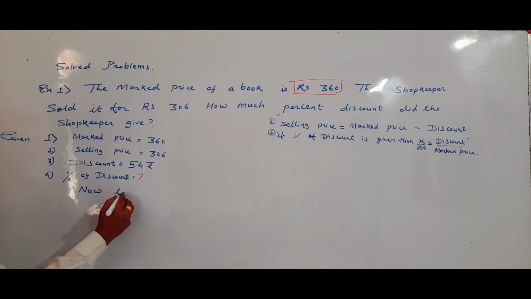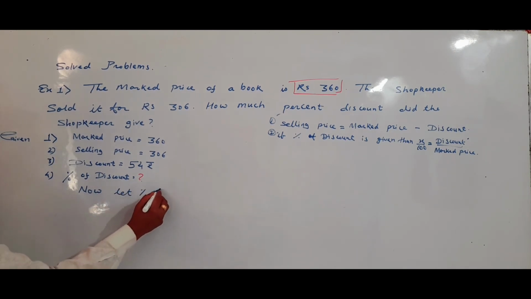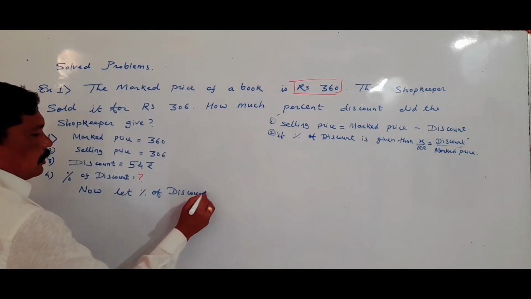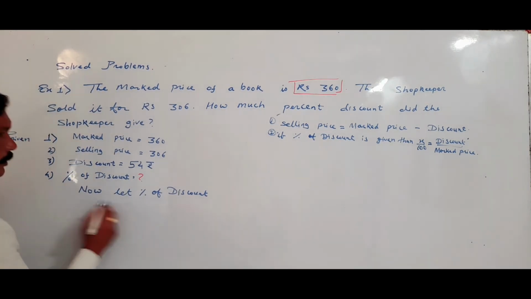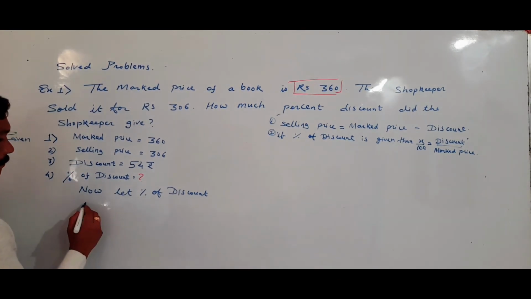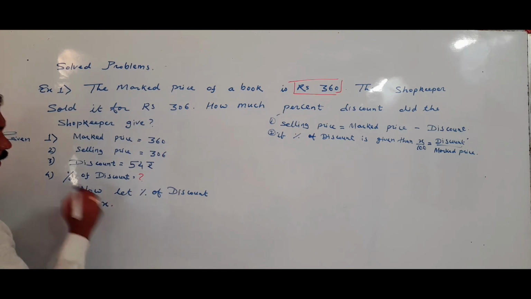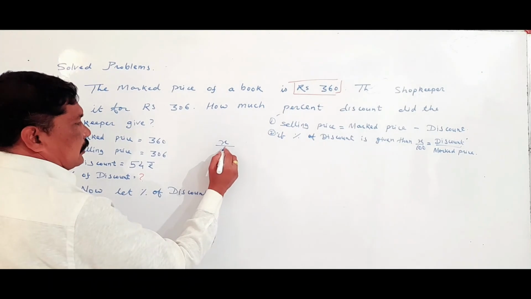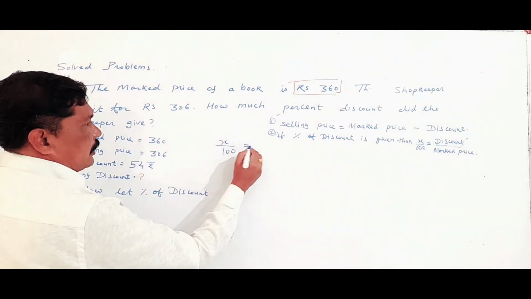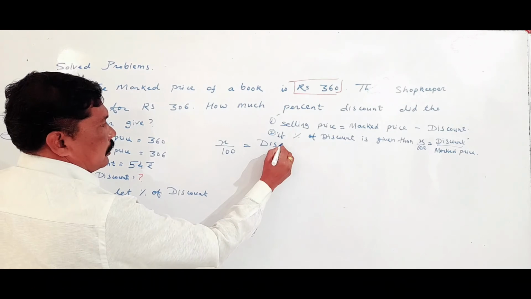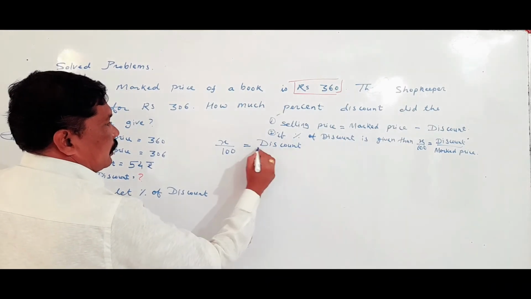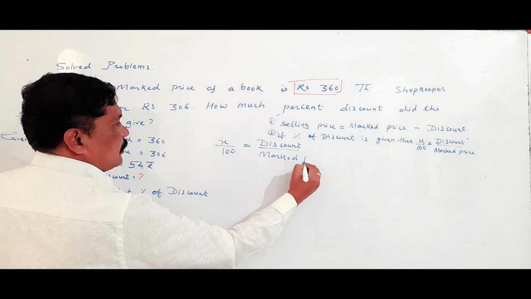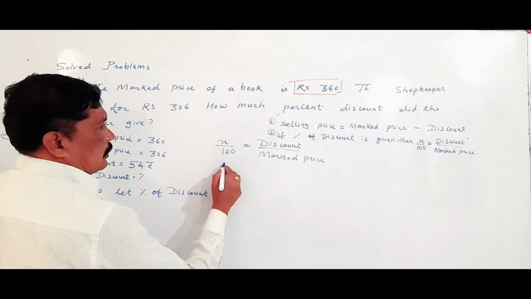Now let the percentage of discount be X. Then we'll go to our formula: X upon 100 is equal to discount upon mark price.